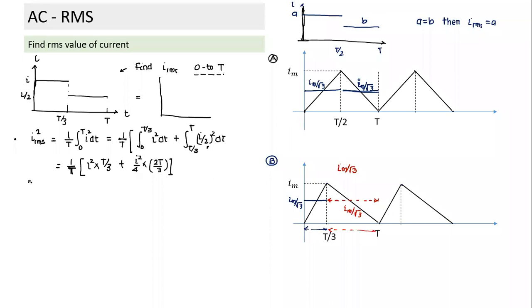Now, Kevin, you tell me one thing. If I take the second case, it is like this. How much does this come to? This comes equal to I square times 1 by 3 plus 1 by 6.